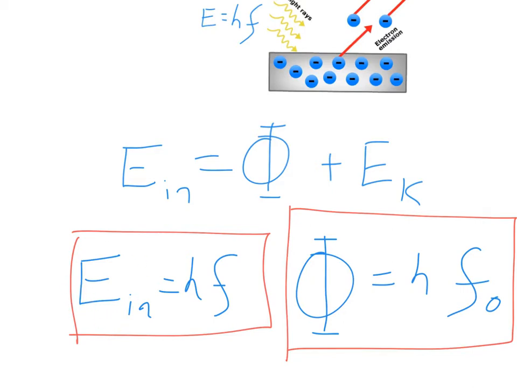On the left hand side, the energy that's coming in from the photon is the total amount of energy that's going to be given to the electron. Our work function is just the amount of energy that's going to be used to release the electron from the metal. If the energy coming in from the radiation was the same as the work function, then the electron will be freed, but there would be no kinetic energy left to give it a velocity.